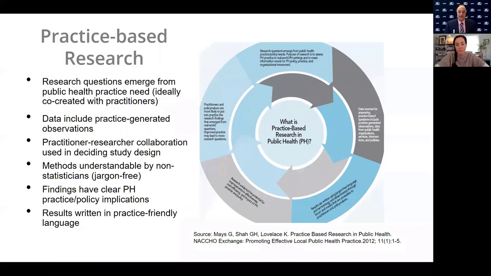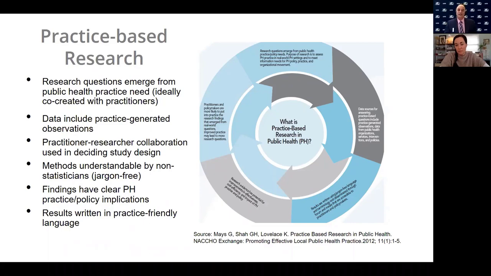And other study methods should be understandable, and particularly the methods and ideally the entire research manuscript should be jargon-free, which means that it should not use terms that are only understandable by people in a certain narrower field.